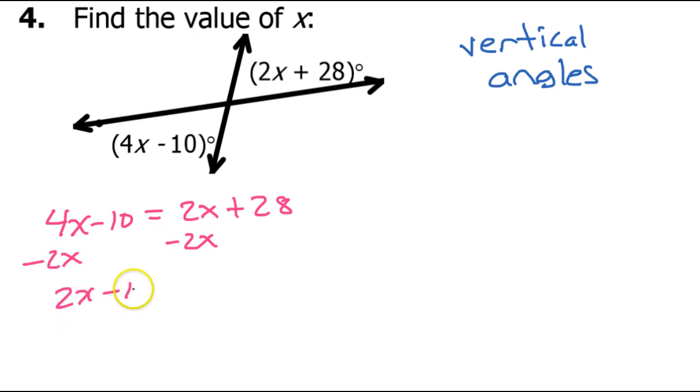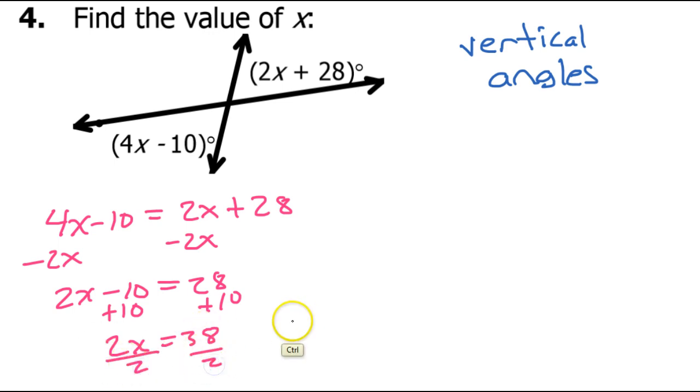That will leave 2x minus 10 is equal to 28. Then we would add 10 to both sides. So that's going to leave 2x is equal to 38. And then we would divide both sides by 2. That's going to leave x is equal to 19.